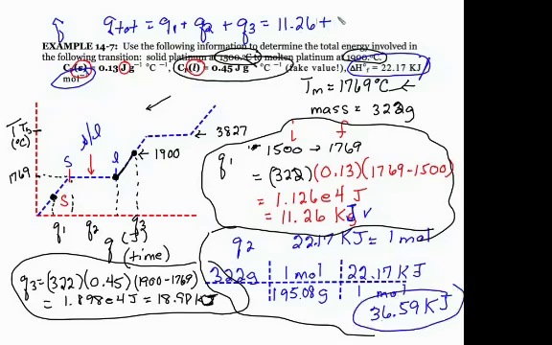Then I'm going to add in my 36.59 from Q2, and then my 18.98. And if I've done all my algebra correct, and I'm sure you'll tell me if I didn't, 66.83 kilojoules is my final answer.